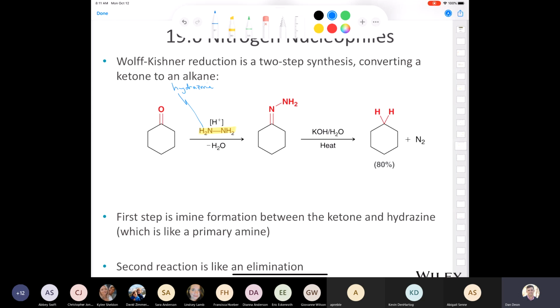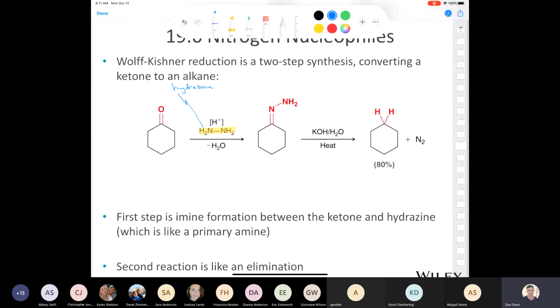Okay, this is going to be the exact same mechanism as the formation of an imine. The first step is the addition between the ketone and the hydrazine, which is like a primary amine, and then the second step is like an elimination.